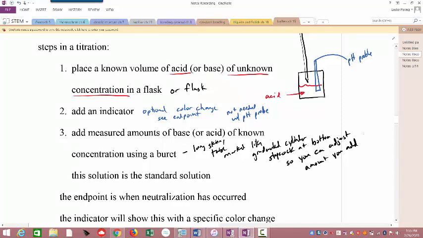Okay? So you're going to drip solution in that you know the concentration of from the burette until neutralization has occurred.